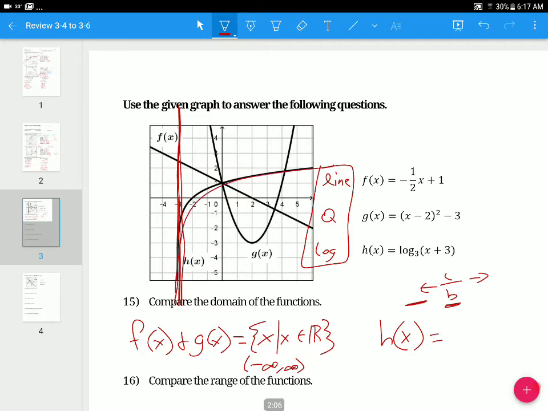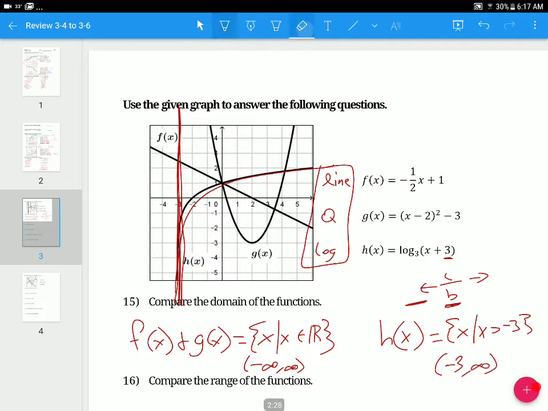It's at c over b, which is negative 3, and it's going to the right, so x is greater than negative 3. Or you can use interval notation, negative 3 comma infinity. And yes, that's a negative sign.